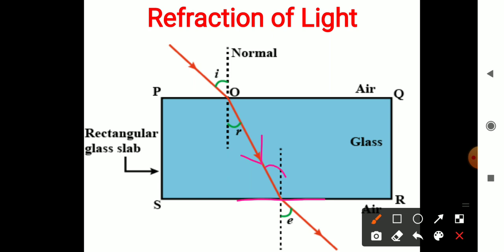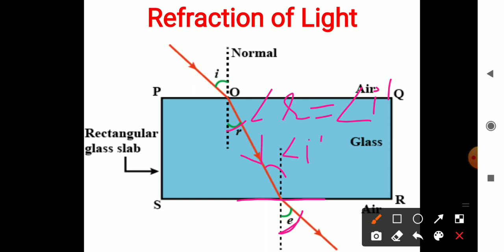This angle and this angle are equal to each other, that means angle R and angle I dash are equal, but this angle E is larger than angle I dash. This is called the angle of emergence, because the light has now emerged from the glass.